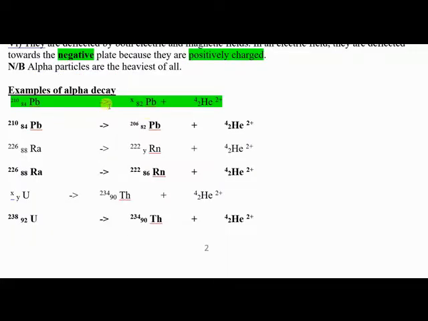Now look at this equation. The mass number we don't know, but the atomic number we can see has reduced by 2. So 84 minus 2 is 82. So what do you expect the mass number to do? Therefore 210 minus 4, here we will have 206, and that is now the answer we have here.